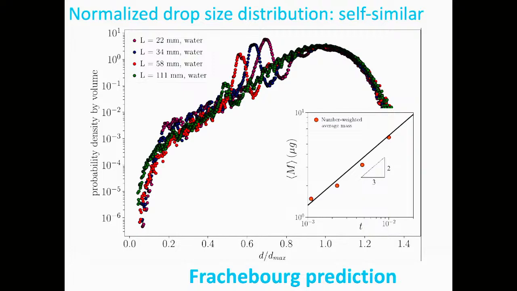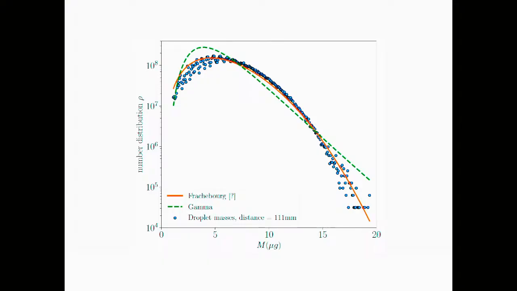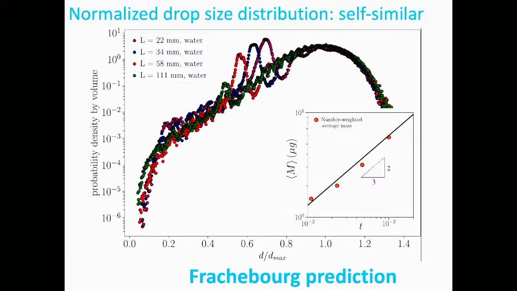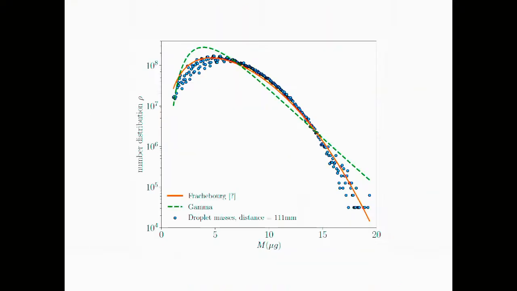If we see how the maximum or the average changes over time, we do find this 2/3 law. And if we fit the drop size distribution to the prediction, we find that it fits really well. This looks a bit different from the distributions before, because this is the mass distribution, so this is the diameter to the power 3.